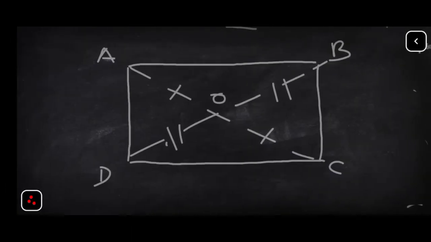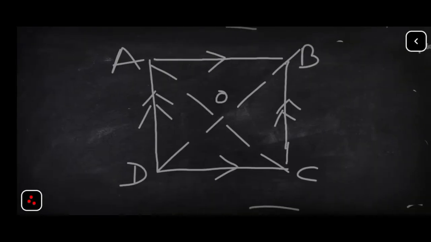So this is a rectangle ABCD where opposite sides AB and DC are equal, opposite sides AD and BC are equal to each other, and the diagonals AC and DB are intersecting at O, and when they meet at O they are bisecting each other. That means AO is equal to OC and DO is equal to OB. So this is a property of a rectangle.